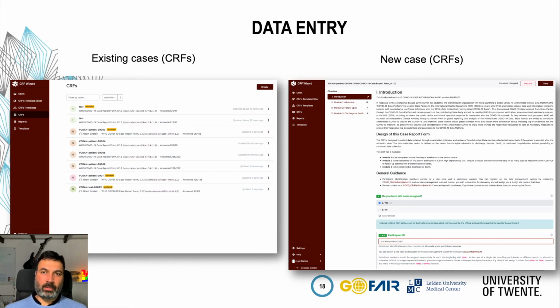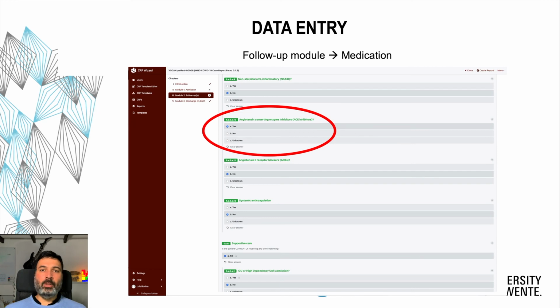So we have some instructions as given by the WHO CRF document. And then we start the questions. In this screenshot, we can see part of the medication section of the follow-up module, including the question about the use of ACE inhibitor that we saw how we modeled before.